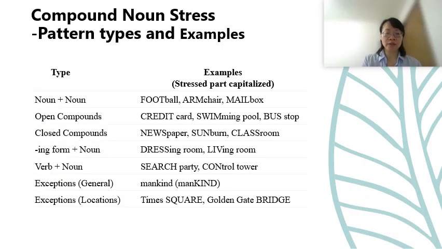And verb plus noun directly, for example, control tower. Control is a verb form, and we have a noun, but we still link them together as a compound noun. So for the two major patterns, whether noun plus noun or verb form plus noun, we stress the first word.